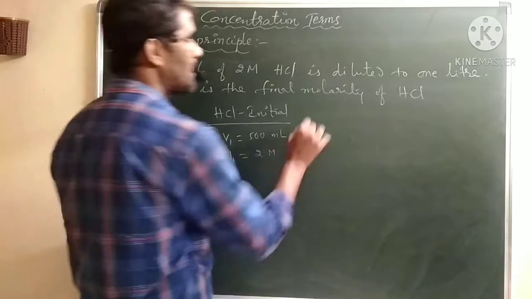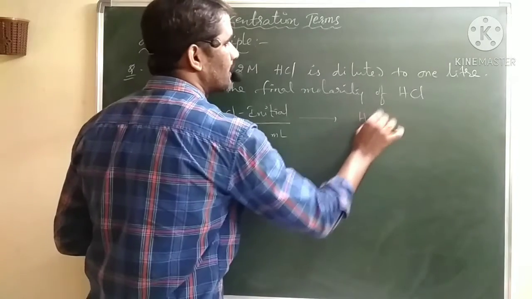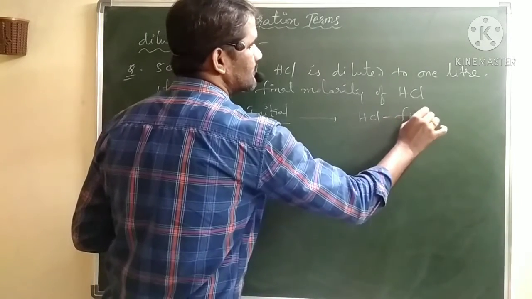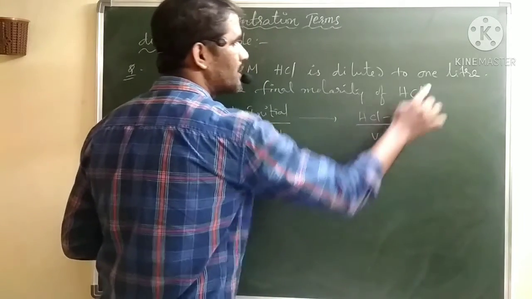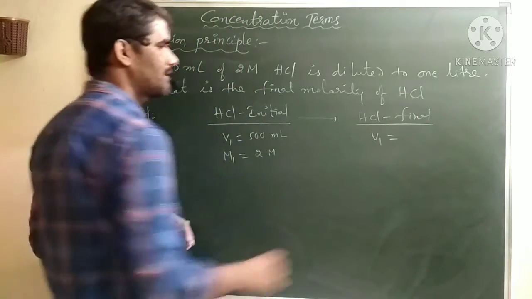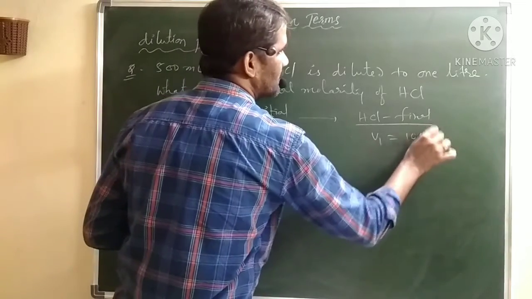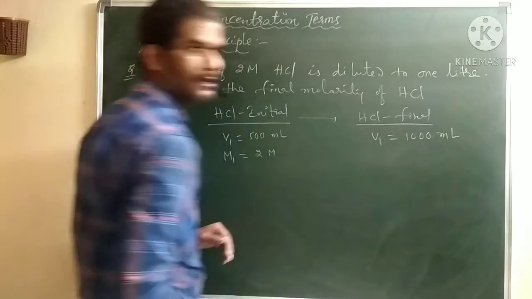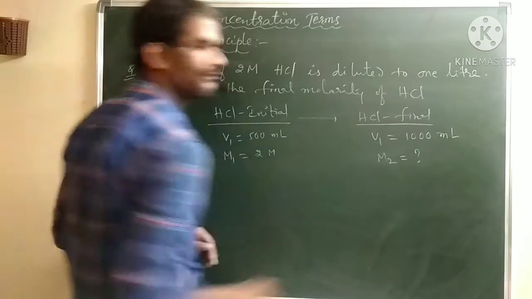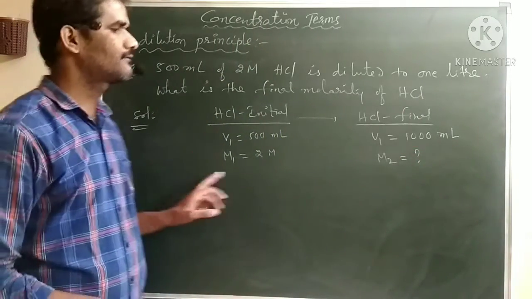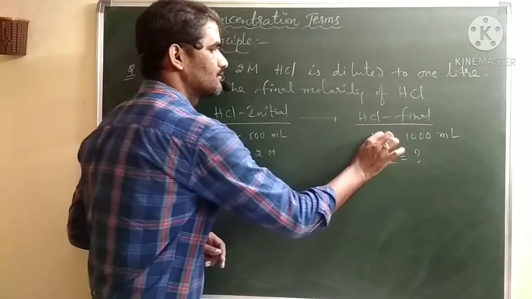And this is now diluted to HCl final. What is the volume? That is diluted to 1 liter. 1 liter means what? 1000 ml. Then in such cases, what is the molarity? Now we have V1 M1, and this is V2.